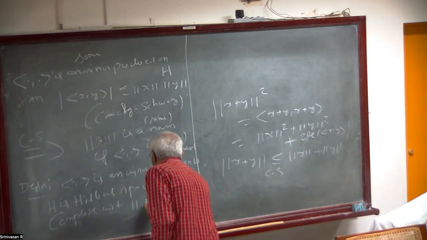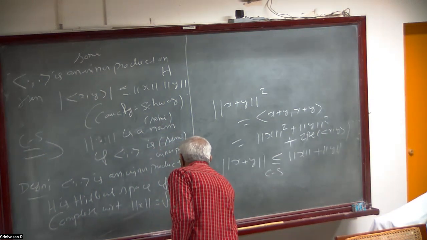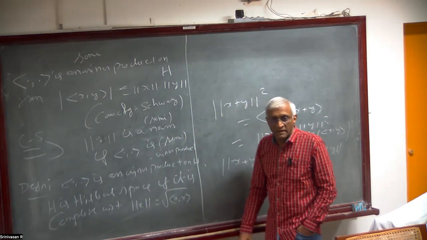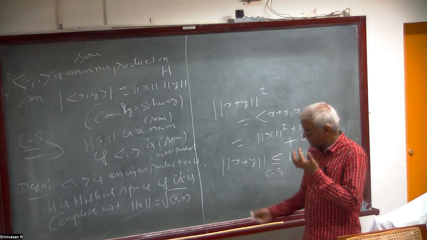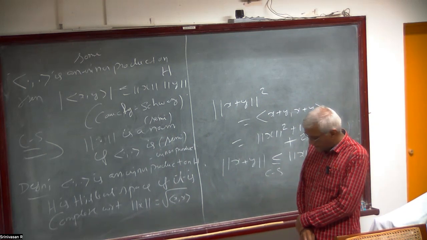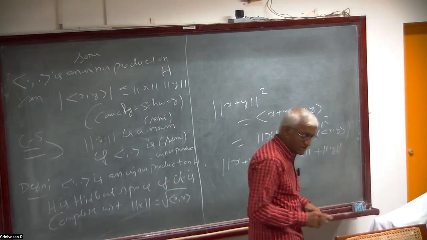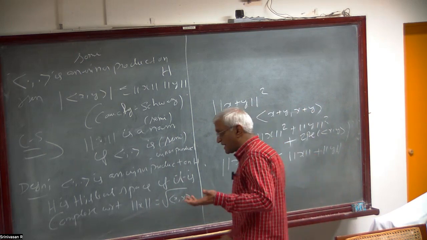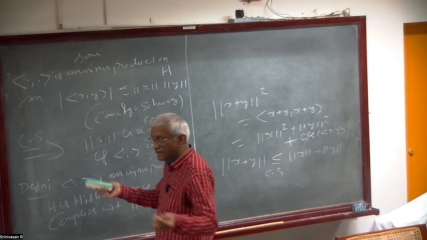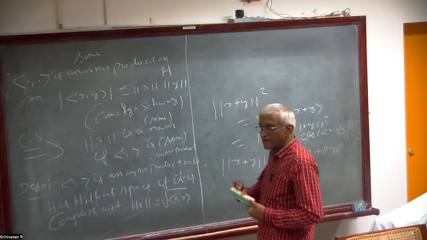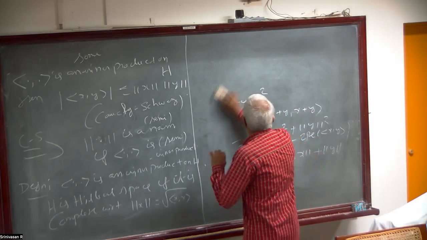The norm gives a metric, d of x, y is norm x minus y, and if it is complete with respect to this metric, then it is called a Hilbert space. So we will deal with Hilbert spaces. We will also deal with general Banach spaces. In a Banach space you may not have an inner product, you just have a norm. And if it is complete with respect to the metric given by the norm, that's called a Banach space.